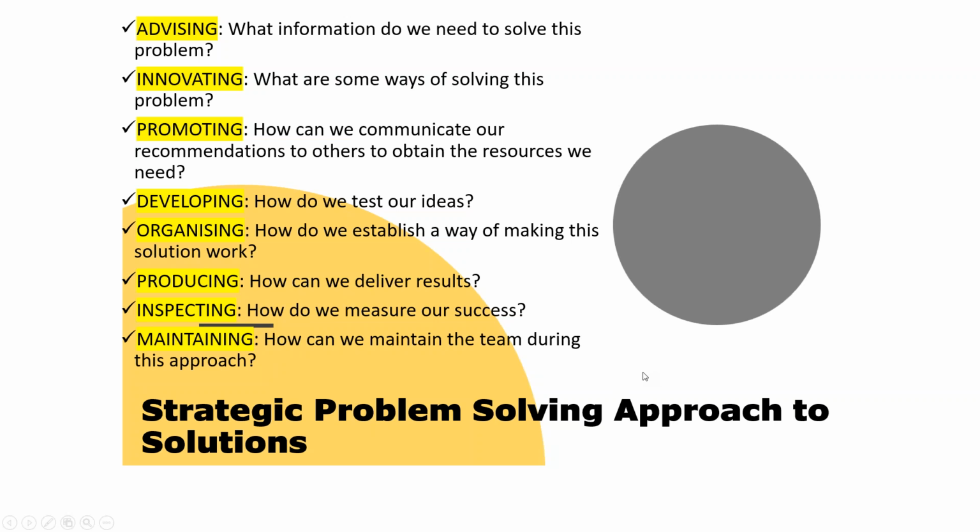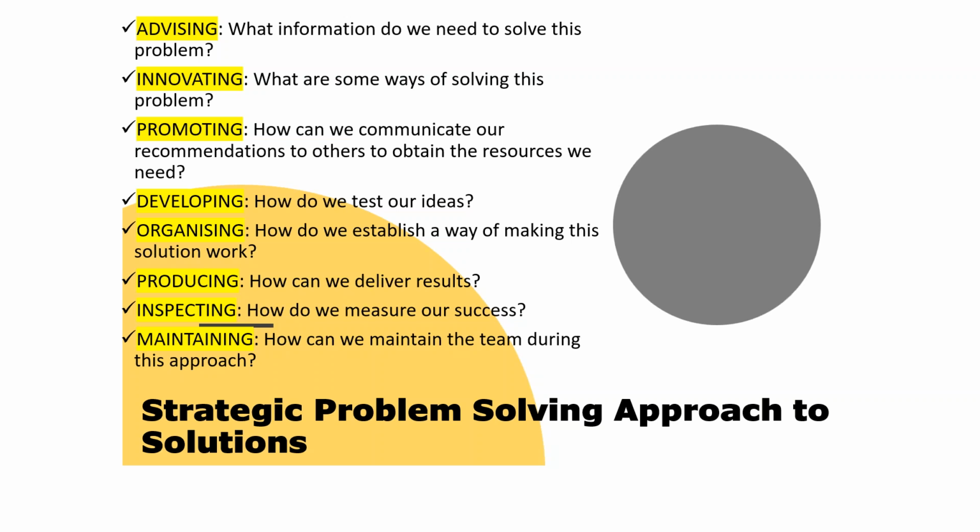And all the while, we must think about how we can maintain the team during the approach. How do we make sure that the team is robust? How do we make sure the team is operating at an optimal level, all the while we try to achieve our results?